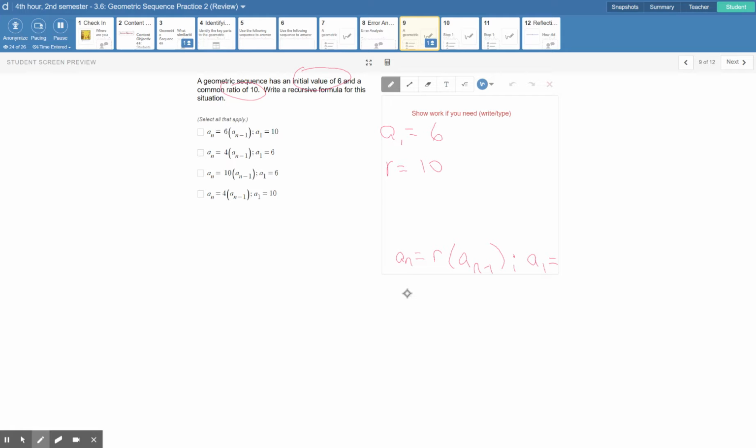So then all you have to do is piece it together. Our ratio for recursive goes on the outside. Our previous term goes on the inside of the parentheses, and then tell the reader where you start. So a sub 1 is going to be 6. So carefully match that up. And then it goes like that.